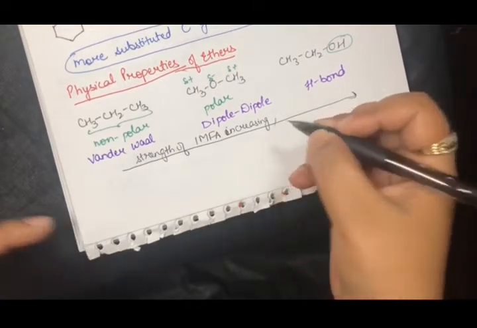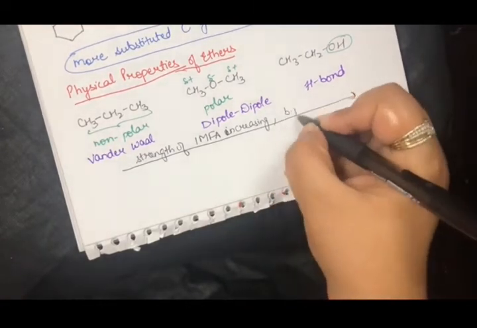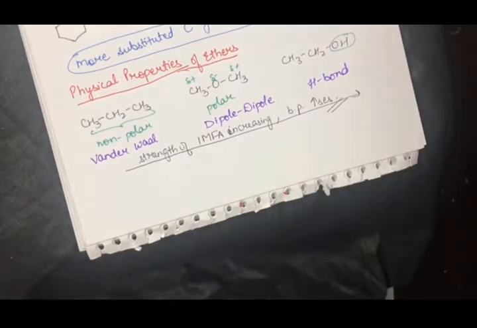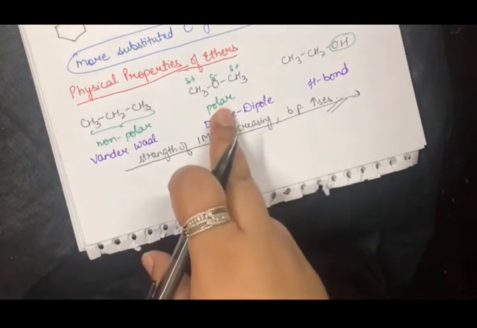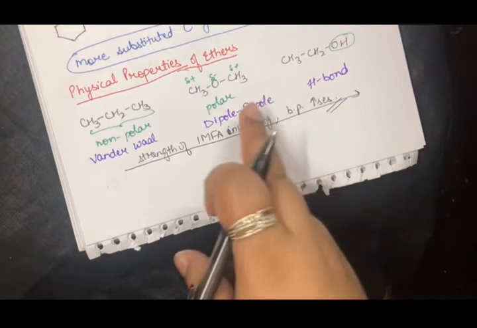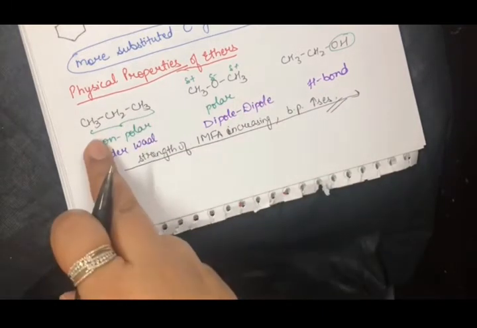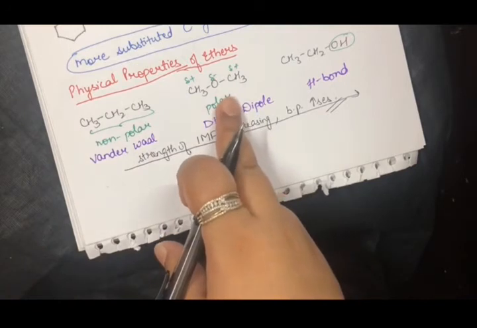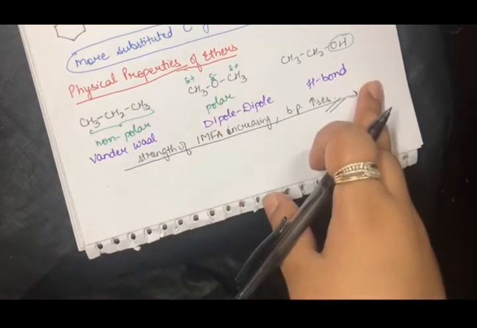So the boiling point also increases, right? Ether has a higher boiling point than a hydrocarbon of the corresponding mass, but it still has a lower boiling point than a corresponding alcohol.